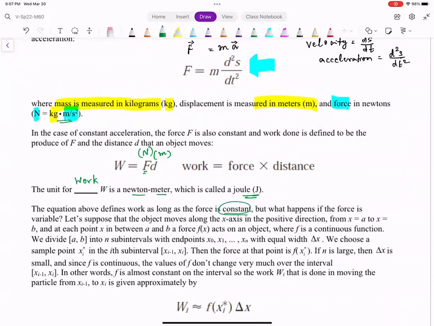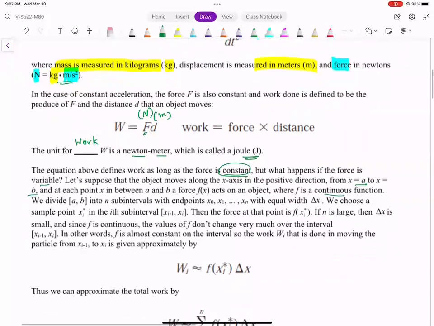But what happens if the force is a variable, which changes at every point, let's say? Let's suppose that the object moves along the x-axis in the positive direction from x equal to a to x equal to b, and at each point x in between a and b, the force f of x acts on an object where f is a continuous function.